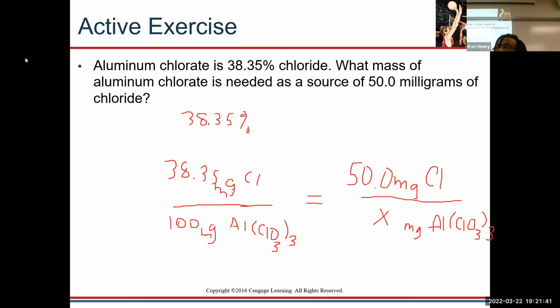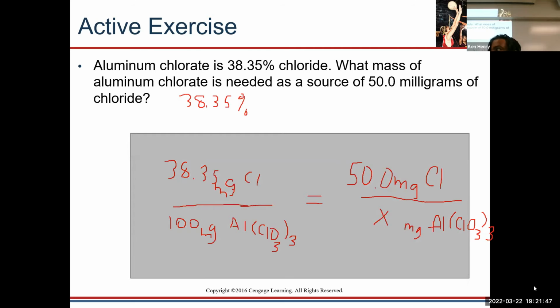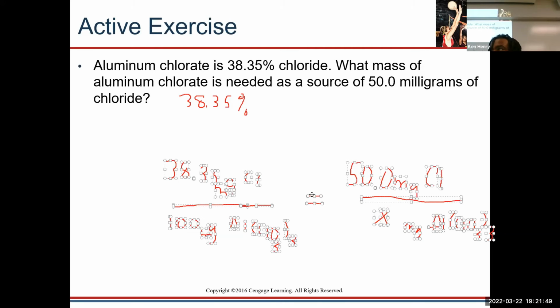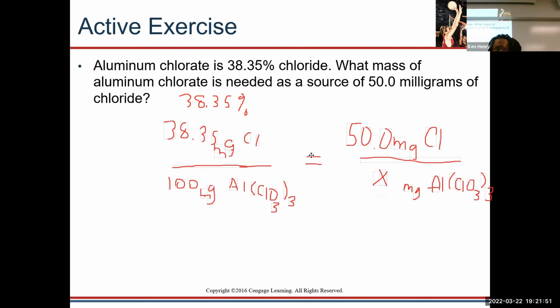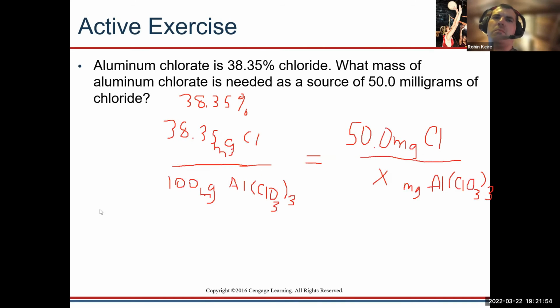So I'm going to shift this up a little bit, give us a little room to work here. And then do you just cross multiply? We're just going to cross multiply. That is correct.